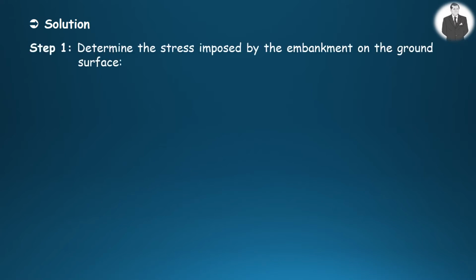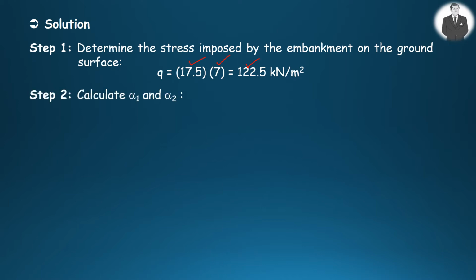The first step is to determine the stress imposed by the embankment on the soil surface, which is equal to unit weight of embankment soil times the height of embankment, and this is around 123 kilopascal. In the second step, we need to figure out the angles of alpha sub 1 and alpha sub 2.